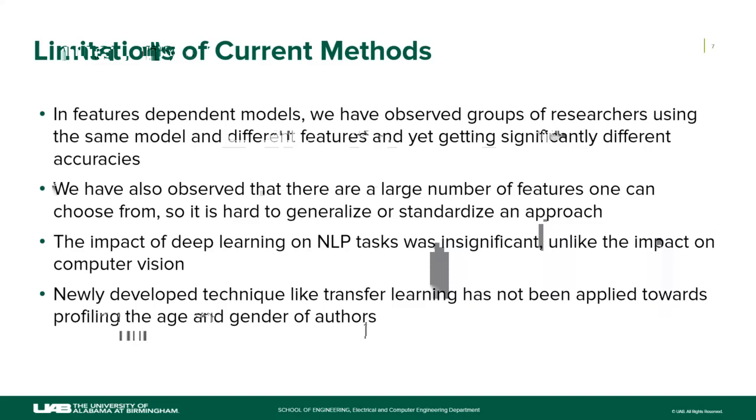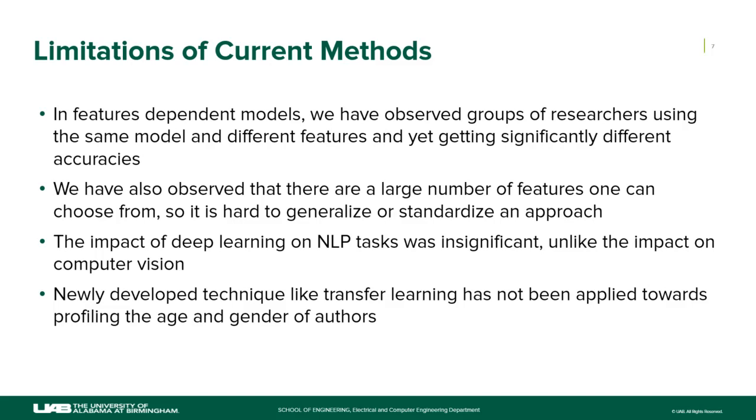For the limitations of the current methods, based on our observation of feature-dependent models, we have observed groups of researchers using the same model and different features, and yet getting significantly different accuracies. We have also observed that there is a large number of features one can choose from, so it is hard to generalize or standardize an approach.